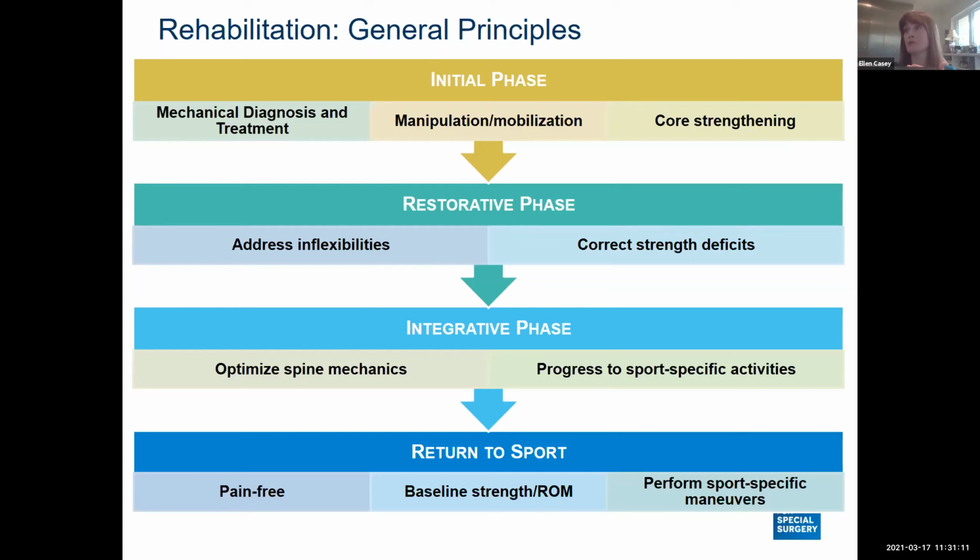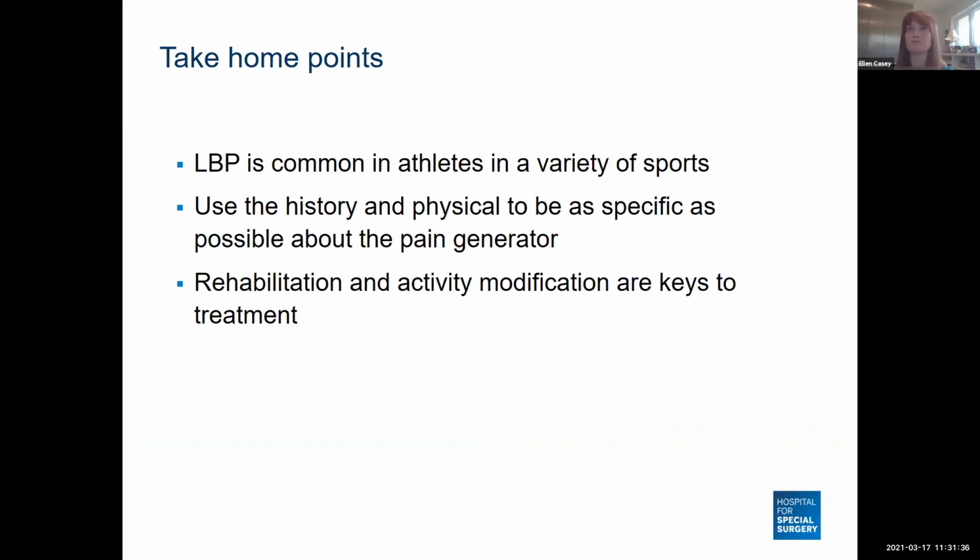And then you have to be able to add that back in and make sure that it's tolerable before you're returning to sport. So that's one of the hiccups that I see a lot with people that have struggled with back pain: they hear messaging that I can't ever do X, Y, or Z, and that is not realistic or functional. So certainly we want to be clear that we're going to avoid a movement in the short term and then work our way back to it as we're getting back to sport.